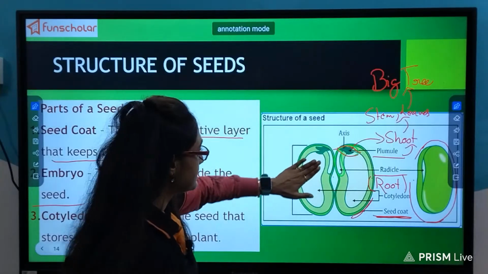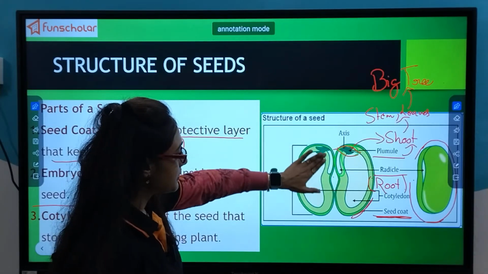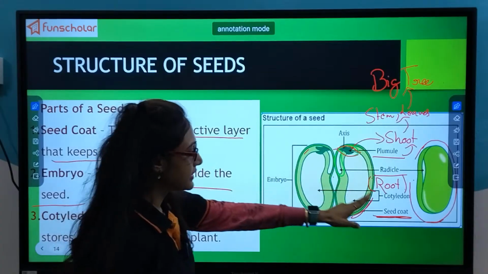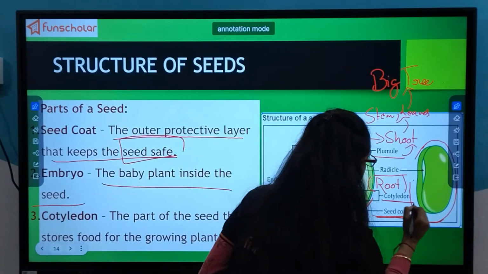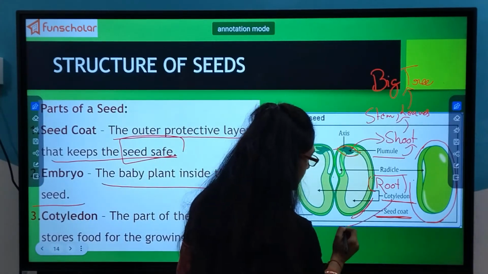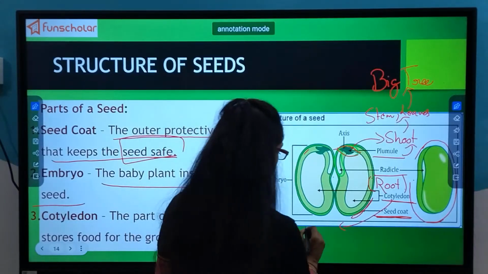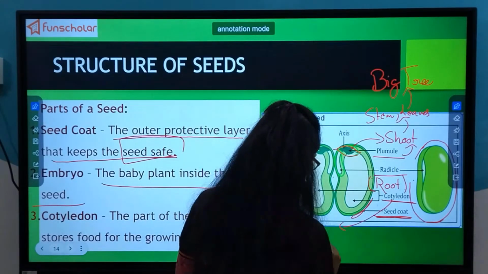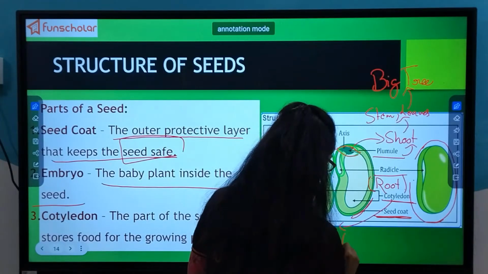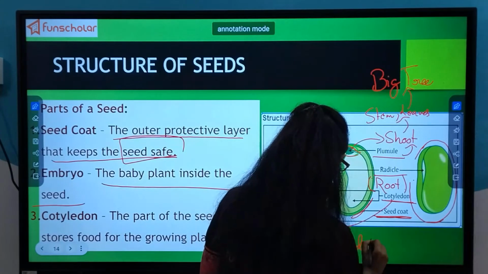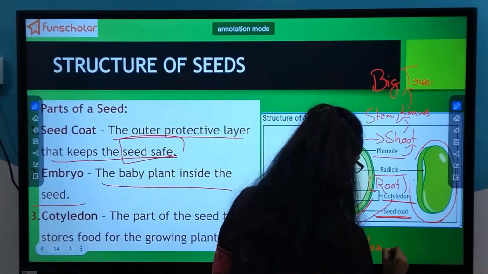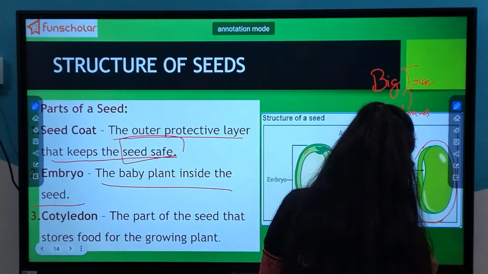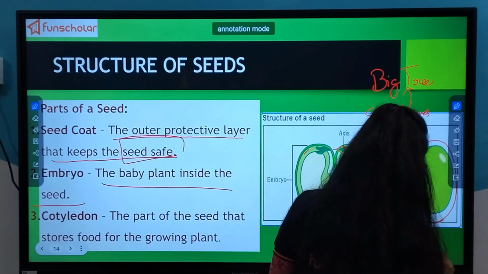And this larger part is written over here as cotyledon. Cotyledons are nothing but the stored food for the baby plant.